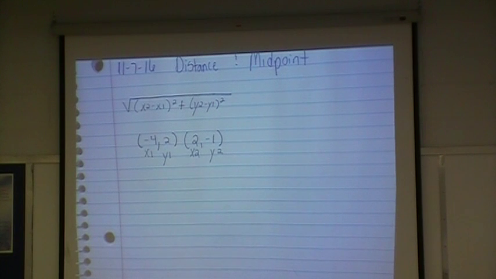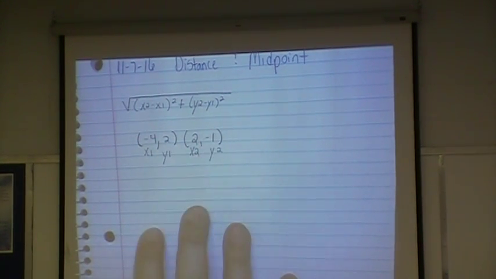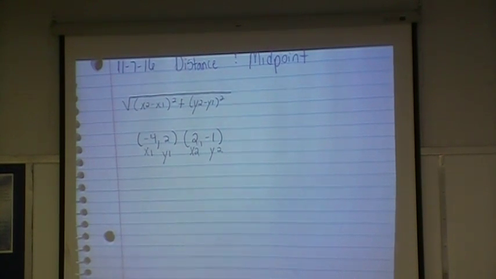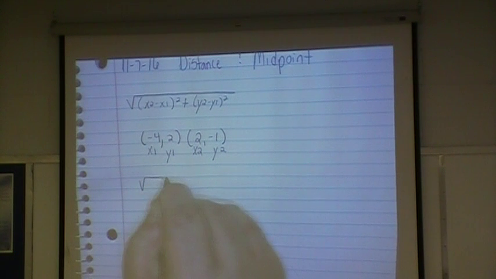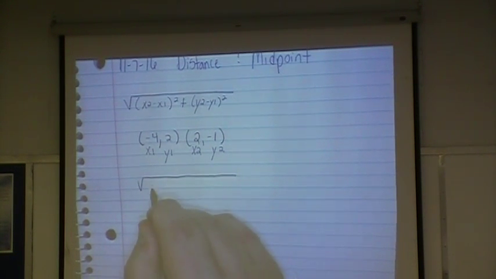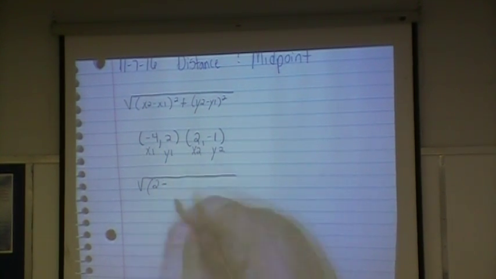Now, you have to put this formula to memory. They're not going to give it to you, and probably next week when I give you things to do with this, I'm not going to give you the formula. So this formula, you're going to have to put to memory. Once you label your points, you're then going to rewrite using your points. x2 is 2. 2 minus x1 is negative 4.